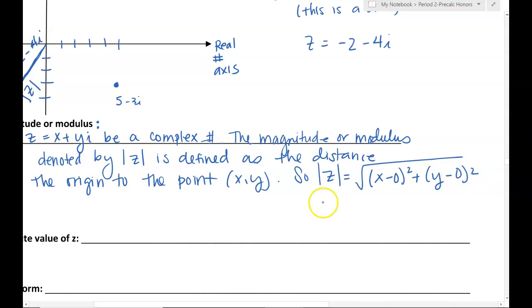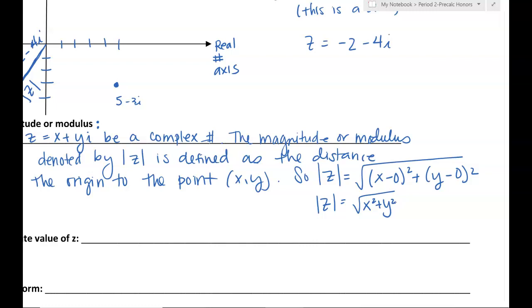Now, to simplify this further, would you agree then the absolute value of z, which is the distance, is simply the square root of x squared plus y squared, if we have the point from the origin? Well, have we not seen this formula somewhere? The square root of x squared plus y squared.